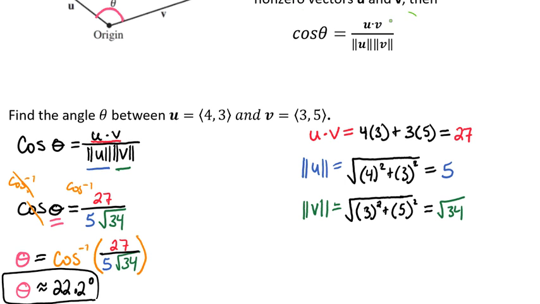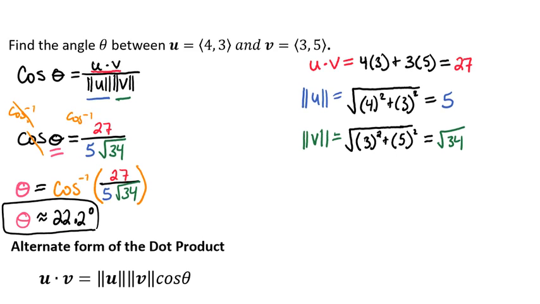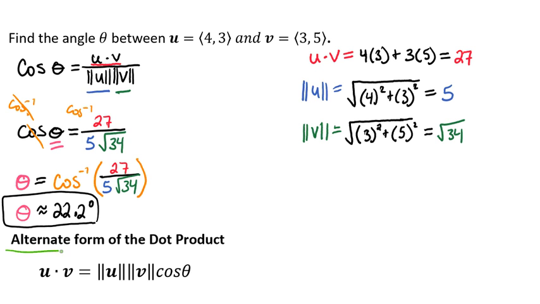Now, using our equation, cosine of theta equals vector u times vector v divided by the magnitude of u times the magnitude of v, we can actually come up with an alternate form of the dot product. So we can rewrite our dot product as the vector u times the vector v equals the magnitude of u times the magnitude of v times the cosine of theta.